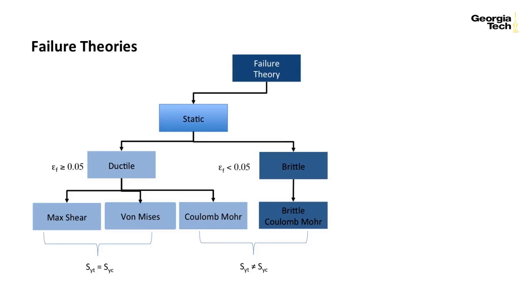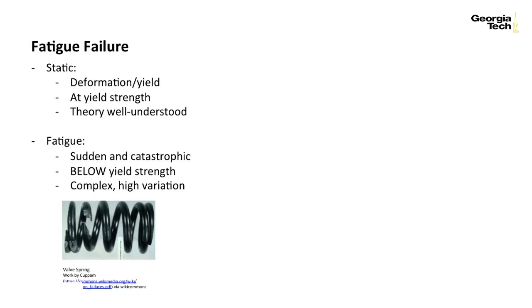So we've pretty much gone over static failure theory, especially von Mises's theory and Coulomb-Mohr theory, and now we're going to get into fatigue failure theory. There are very different failure mechanisms, and you always need to understand if your loading is static or if it's alternating, a fatigue loading situation.